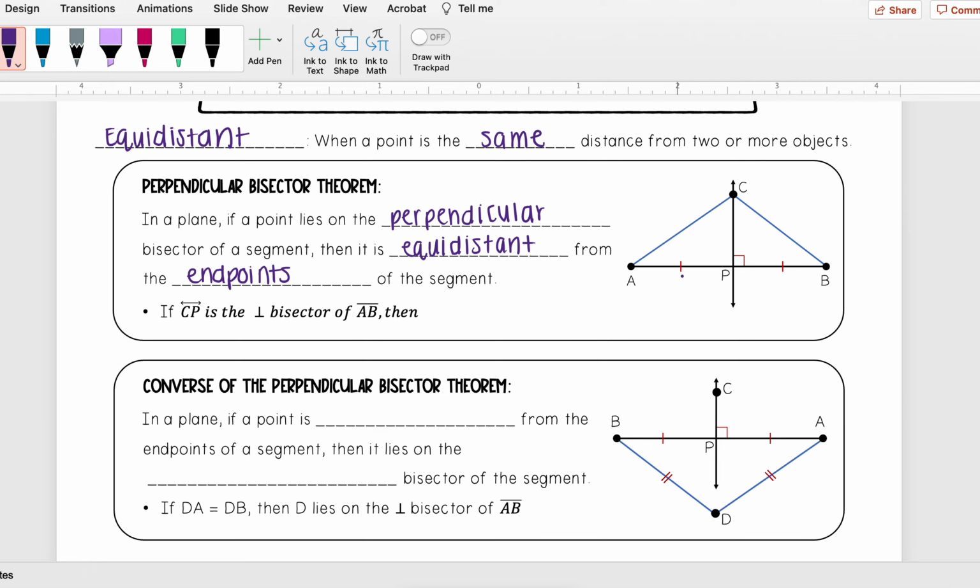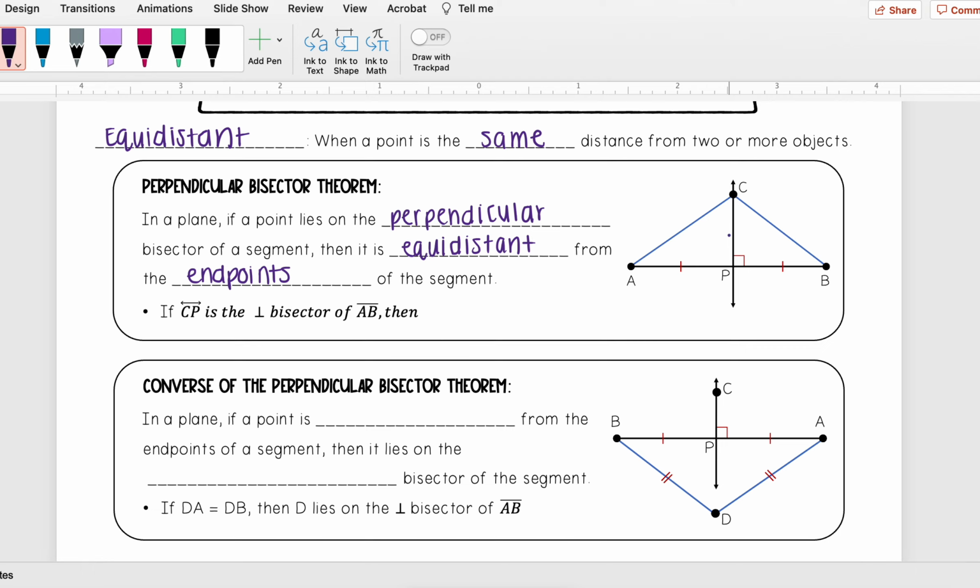So we have that AP is congruent to PB. So it's intersecting at that right angle, and it's intersecting right in the middle of that segment. And it says when this happens, then my point C is equidistant from the endpoints of the segment. So A and B are those endpoints.